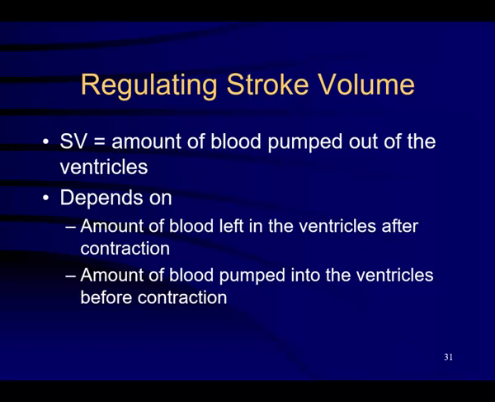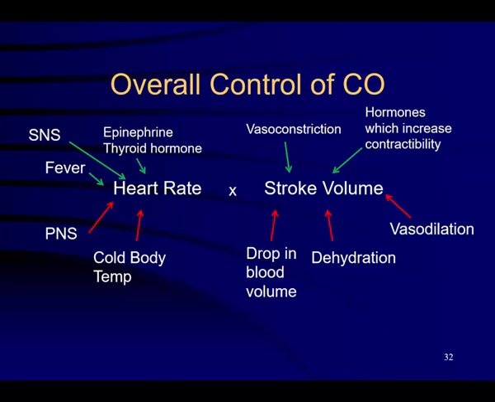So this next slide, I drew this to try to get an understanding of stroke volume and some of the things that can change it. We talked about heart rate, and epinephrine, sympathetic nervous system can speed it up. But what makes stroke volume go up? Getting blood back to the heart faster, making your heart beat harder would squeeze more out.